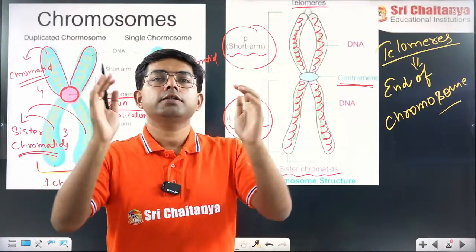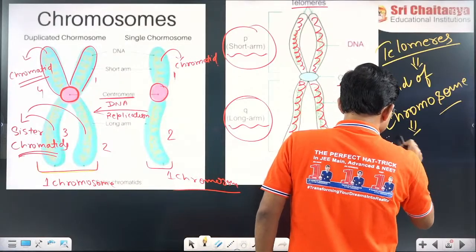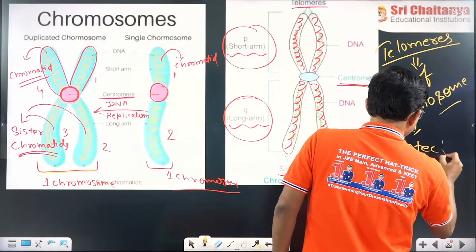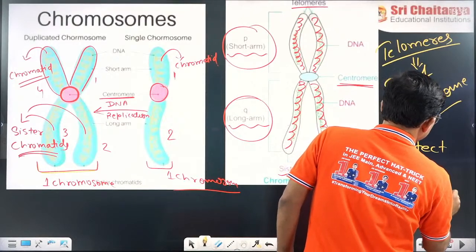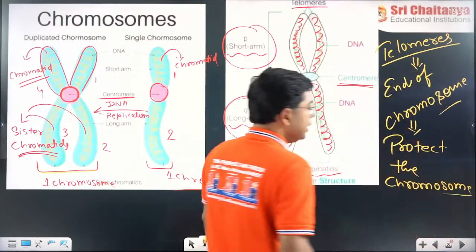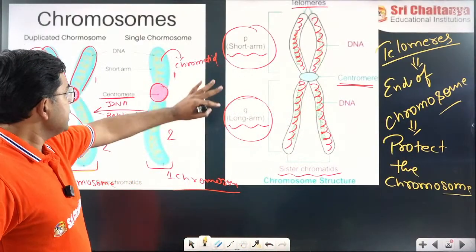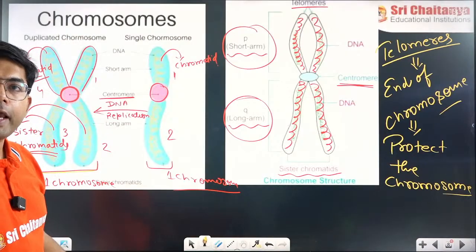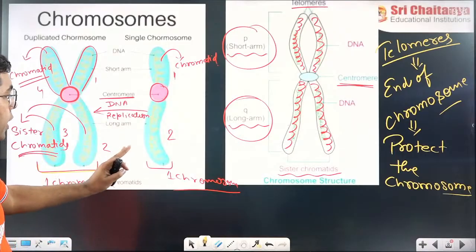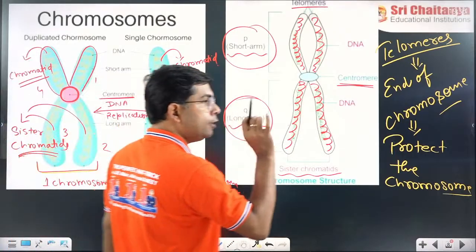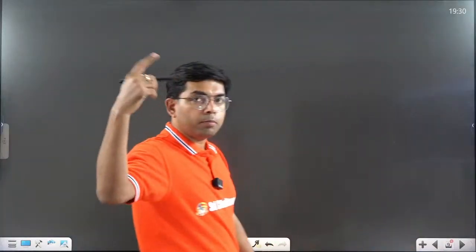Telomere is just like protection. It will protect the chromosome. Now, this basic part of the chromosome we have seen. Before we go further into the detail of some points, I will first write all the keywords which we have learned here so that they remain in your mind.